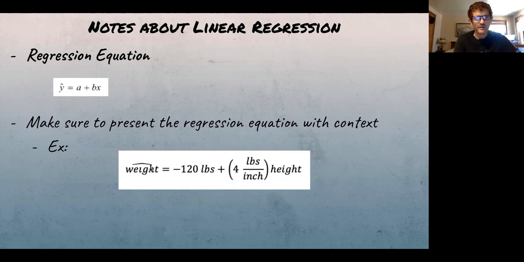The predicted weight equals these coefficients that we come up with, but we also include some units and we talk about whatever the explanatory input would be, the height of someone. So keep that in mind, and we already did a few examples like that. Don't know what else to say about it, but there you go.